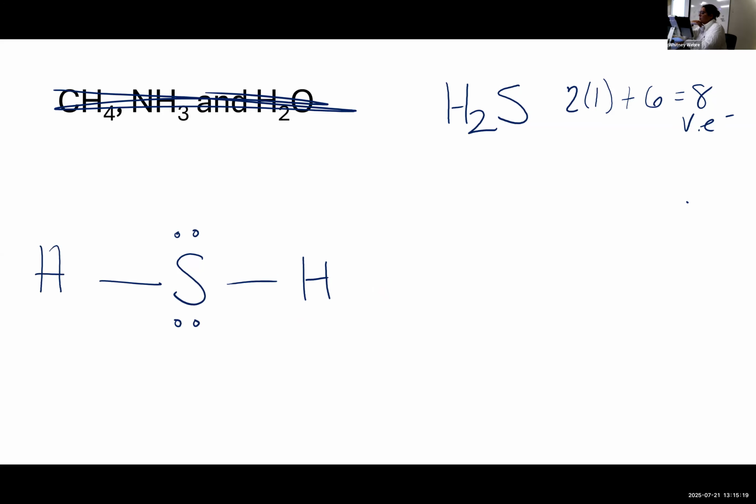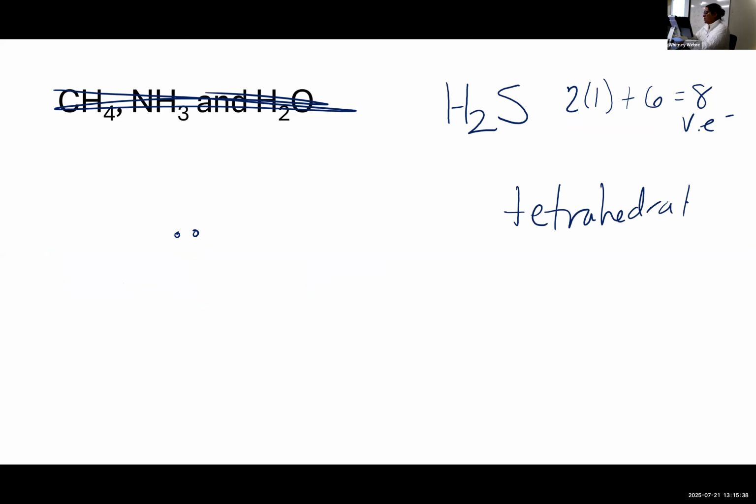How many things are attached to sulfur? 4. So what is the electron geometry? What is the molecular geometry? So I drew it linear, but if I was to draw it kind of similar to what we had on the molecule, it wouldn't be linear.